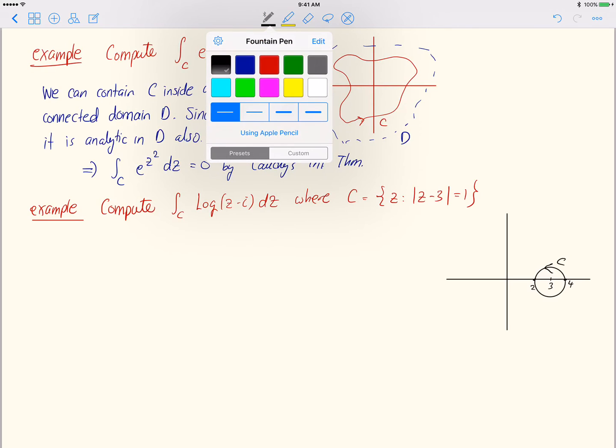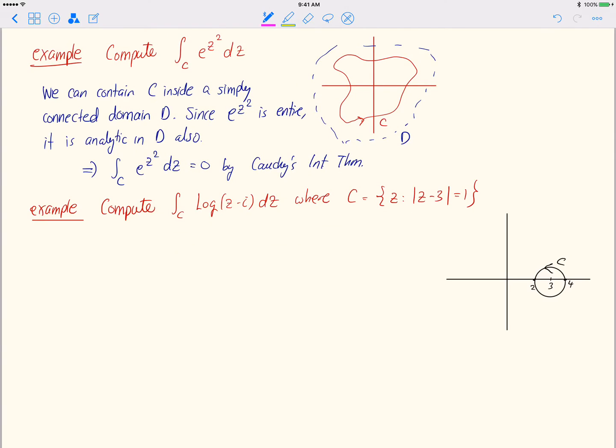So there basically. So log z is analytic everywhere except for that pink line.